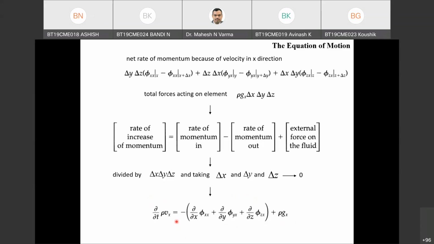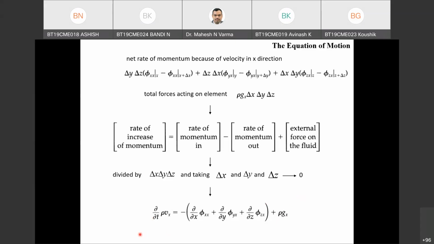So this will be a generalized shell balance equation for x momentum. Similarly, I will get a generalized shell balance equation for y momentum and a generalized shell balance equation for z momentum.